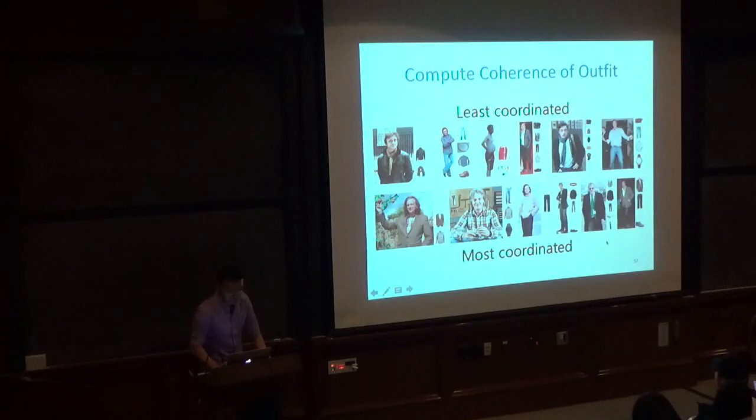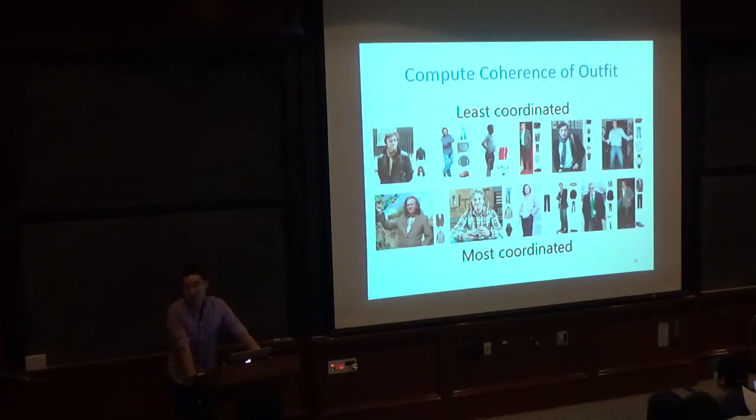We can look at the distance of the embeddings of the items that he chose to wear, and if that distance is small, then we say his outfit is coordinated, versus someone else who wears something where the distances are further apart, and we say that person is less coordinated or, I don't know, more hipster. I guess it's up to your interpretation.